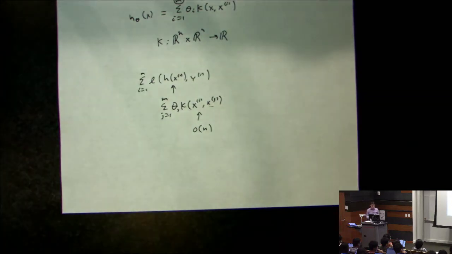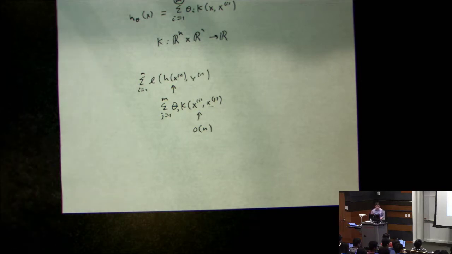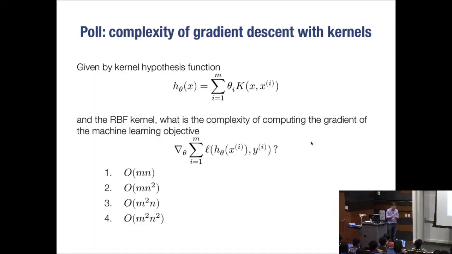But you have the same thing: you have to loop over your samples and compute the hypothesis function, and for each of those, you have to loop over all your samples again. So you have this double loop over all your samples, and this, by the way, is for a single iteration of gradient descent. To compute a single update of gradient descent with a kernel, you need m squared computation, which is exactly why these things are tricky in practice.